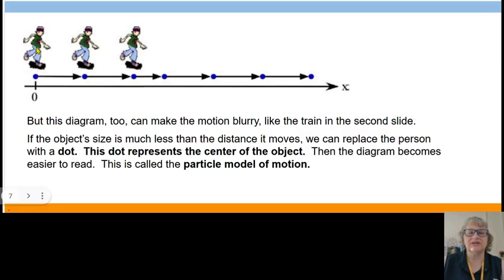So this one looks like it's underneath this guy, but really it should be around his tummy. Then the diagram becomes easier to read. This is called the particle model of motion. Okay, so this is a motion diagram. The dots are the particle model of motion.